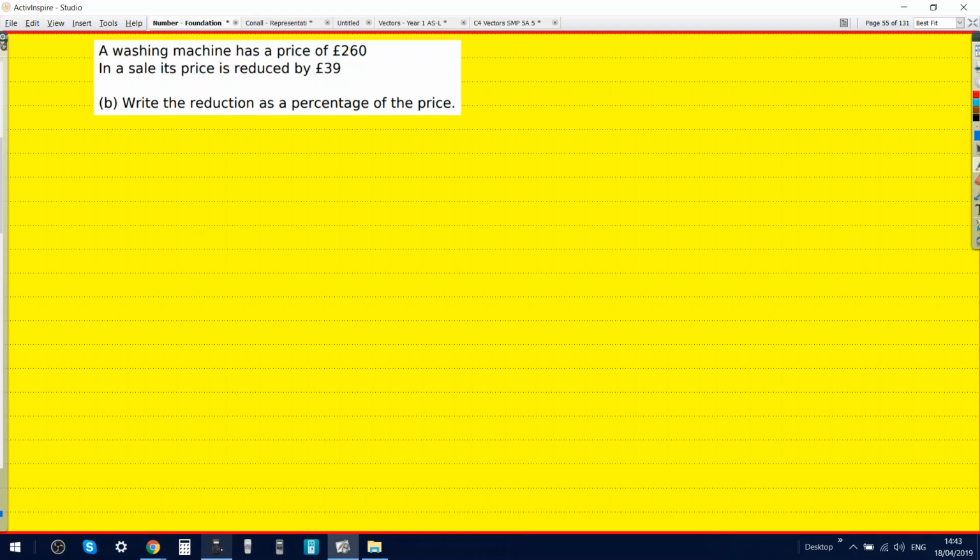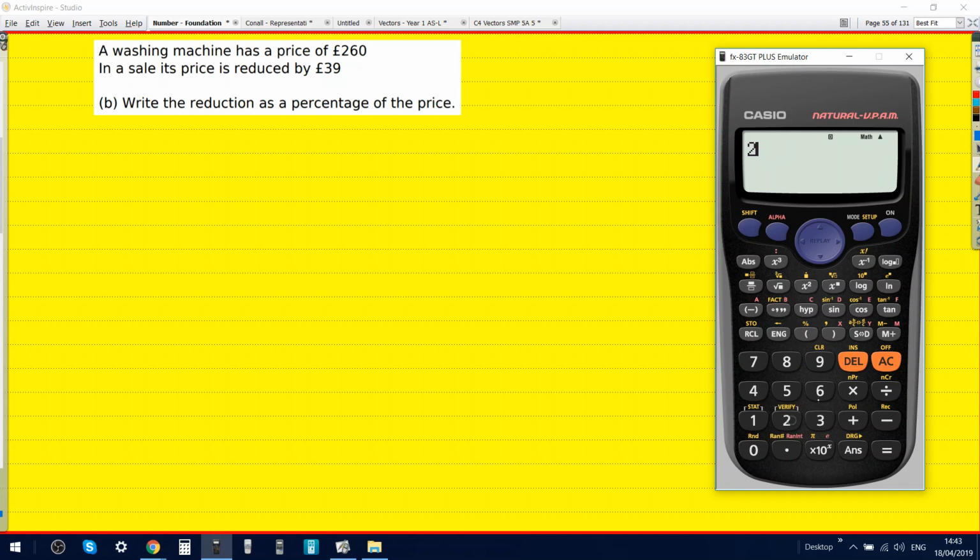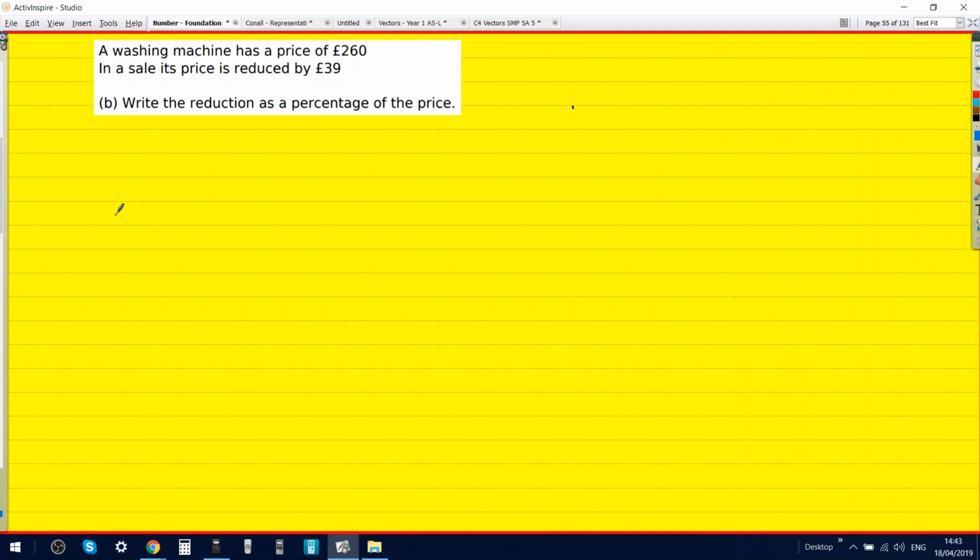Yeah. And then to make it as a percentage, you times it by 100. Right. But I think that would be the remainder as a percentage. They just wanted the reduction as a percentage.